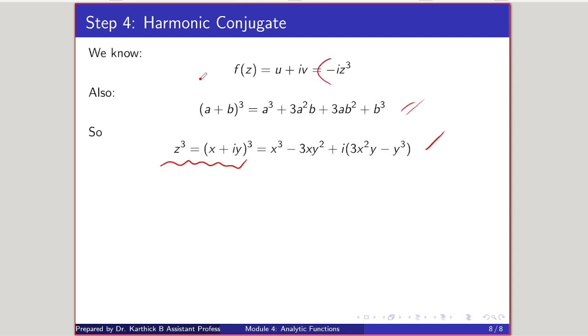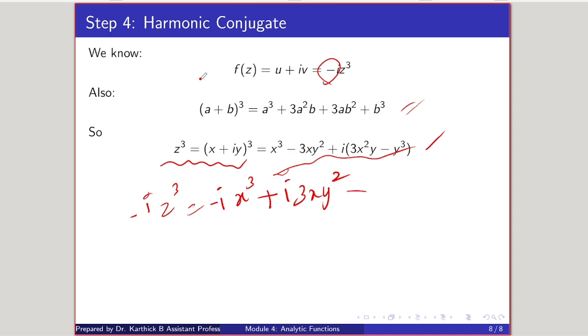Then I substitute minus i in this formula. If I multiply minus i with z cube, I get minus i x cube plus 3x y square, then minus i multiplied with plus i gives plus of 3x square y minus y cube.